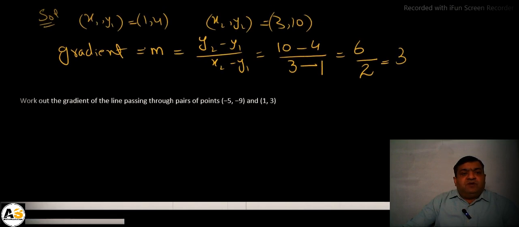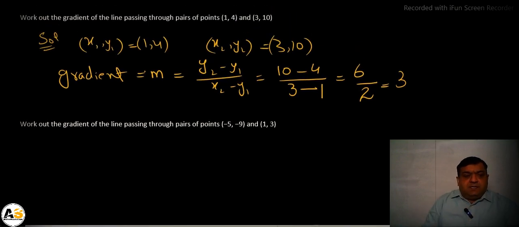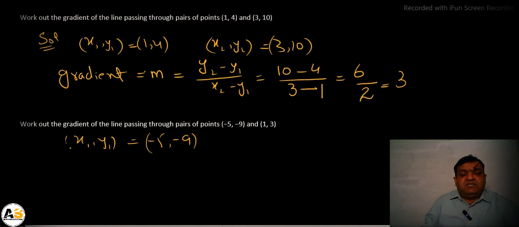Now we move to our next question. What is the gradient of the line passing through the pair of points? The first point given in this question is minus 5, minus 9, that is x1 is minus 5, y1 is minus 9. The second point x2, y2 is 1, 3.